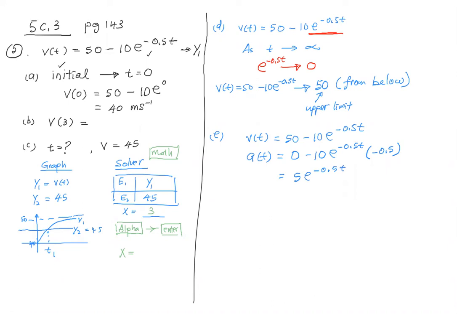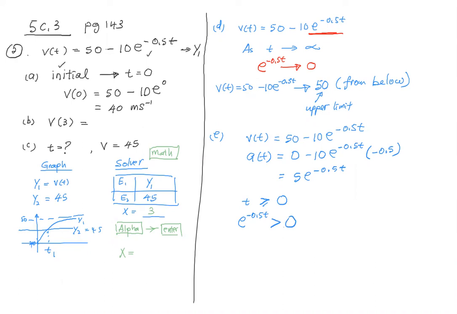So how are we going to prove that it is always positive? We say t is always greater than or equal to 0. So therefore e to the power of negative 0.5t, we know that an exponential is definitely greater than 0, correct? For whatever value.